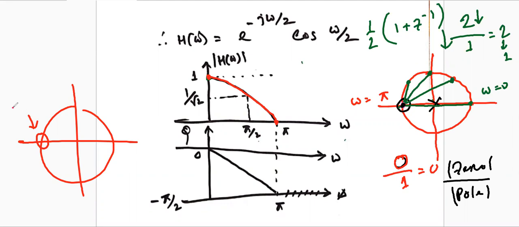At which frequency? At omega equals pi, that will be blocked. And since there is no 0 here, that will pass. So from this pole-zero combination, I can say easily that this is of course a low pass filter.